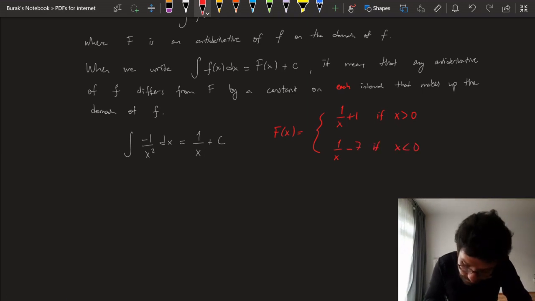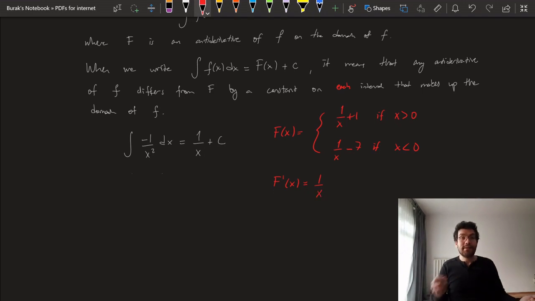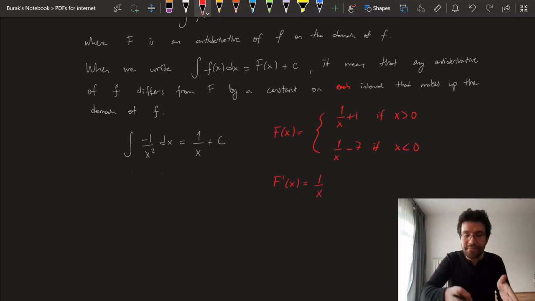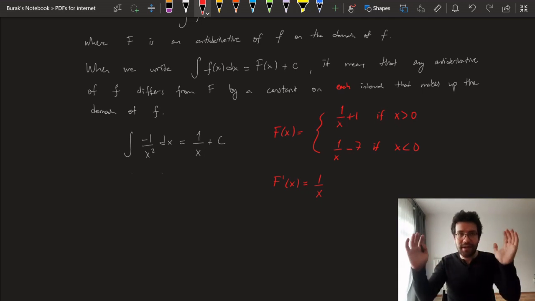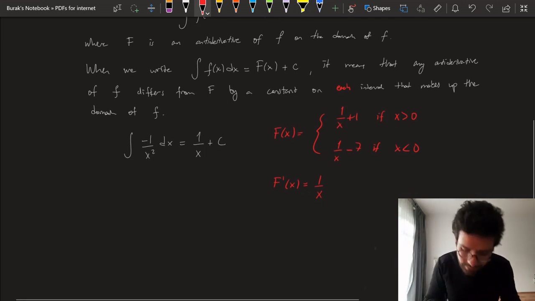Now, the derivative of big F is still 1 over x, but big F is not of the form 1 over x plus c, because for positive x, the c is 1, but for negative x, it's minus 7. So it's not exactly in that form. It's in that form on each connected piece of your domain.